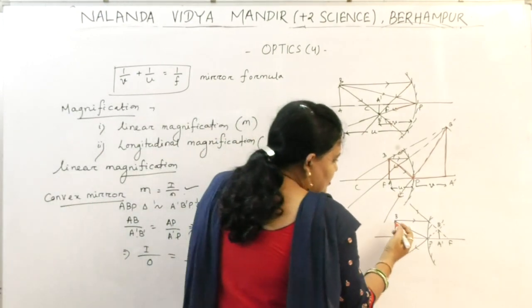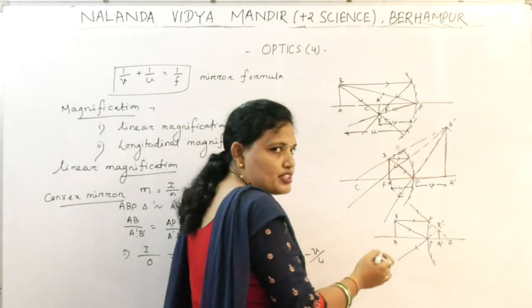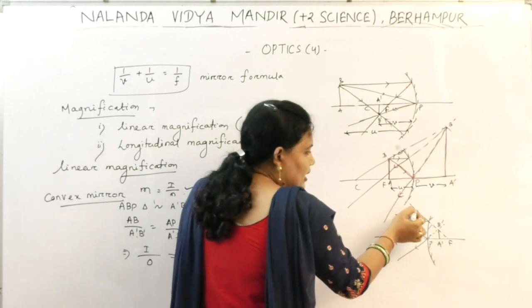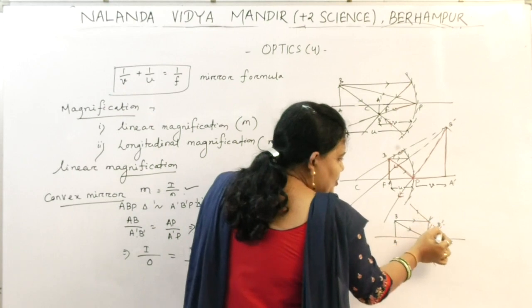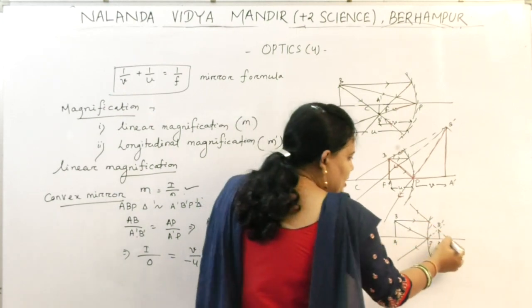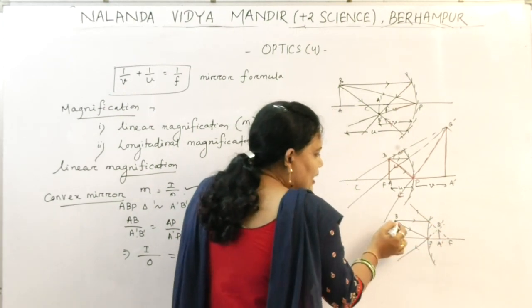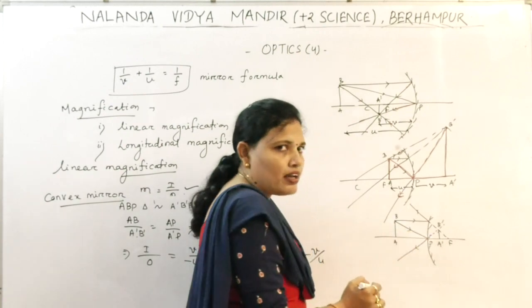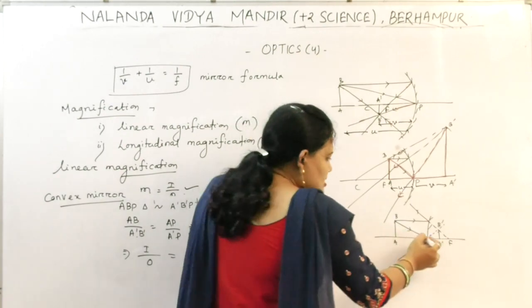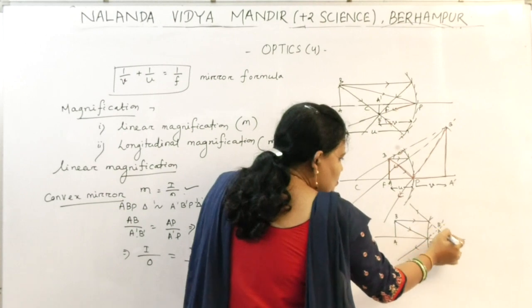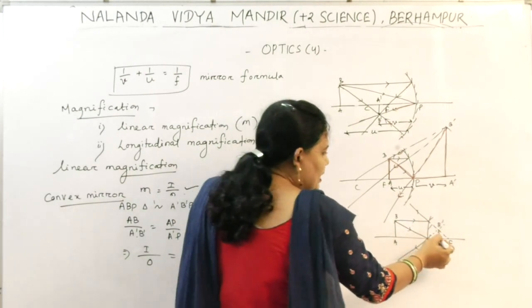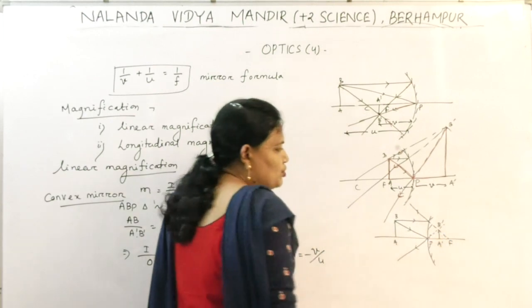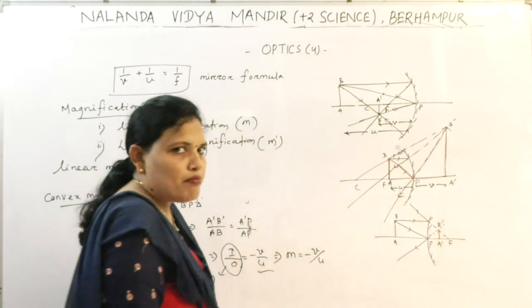The ray which passes parallel to the principal axis is deviated along this path, and if this is produced in the backward direction, it meets at the focus. Another ray incident at some angle is reflected at the same angle. So when these two rays are produced in the backward direction, they meet at this point. So this is the virtual image of the object AB.